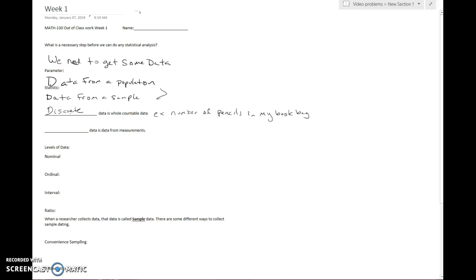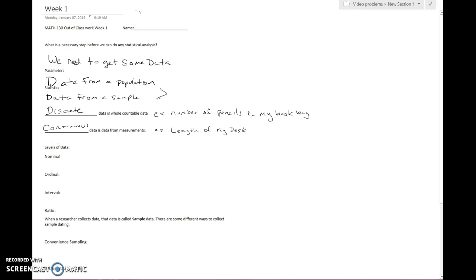Blank data is data from measurements. We call data that is measured continuous. We'll get much deeper into this in class, but an example of continuous would be the length of my desk, because that would be measured, right?